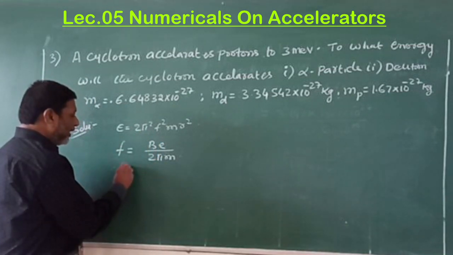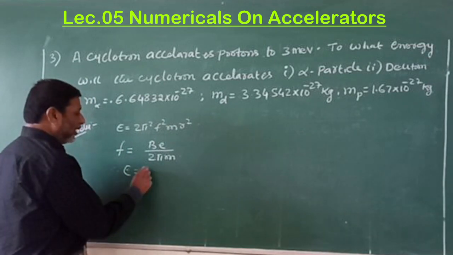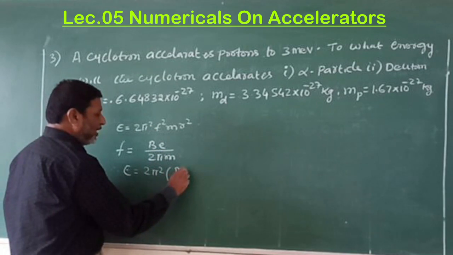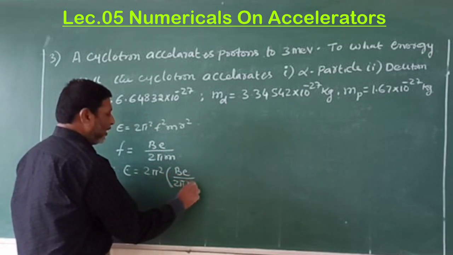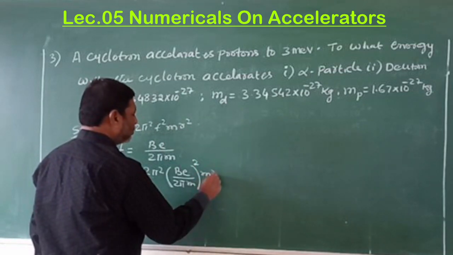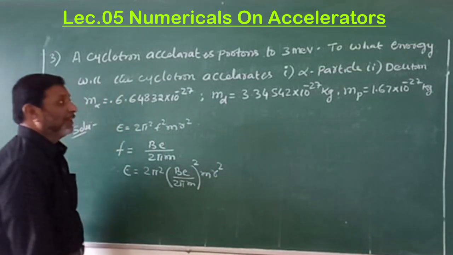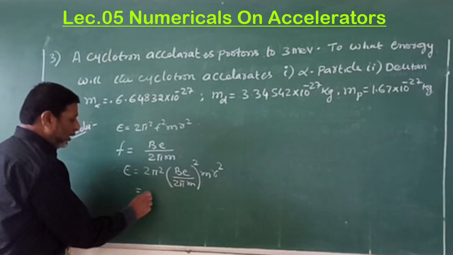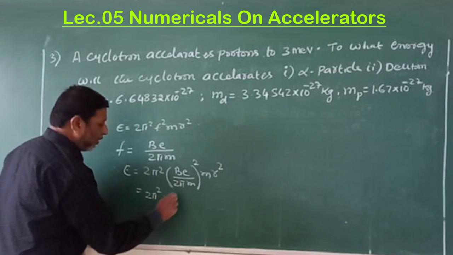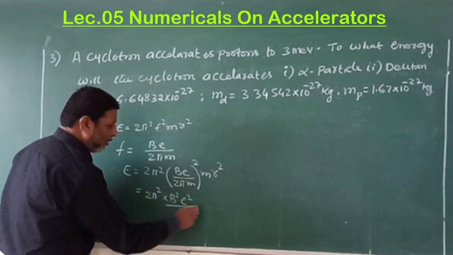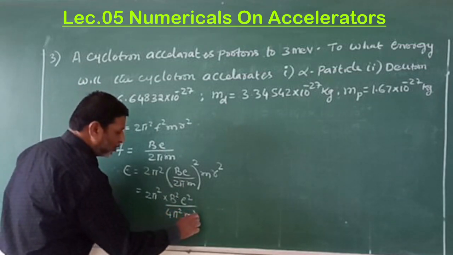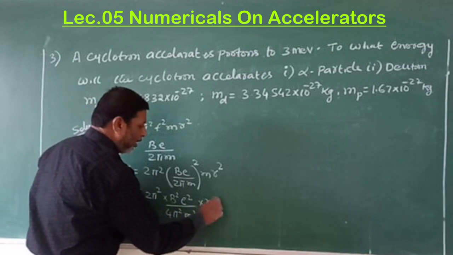Therefore, energy E is equal to 2 pi square, and instead of f you write BE divided by 2 pi M, squared, then M, and R square as it is. Then this is equal to 2 pi square, and when you square this one you get B square E square divided by 4 pi square M square, into M R square.